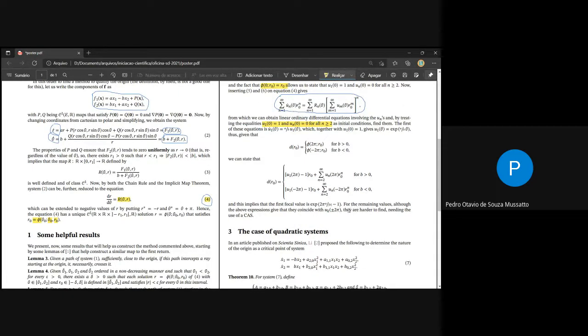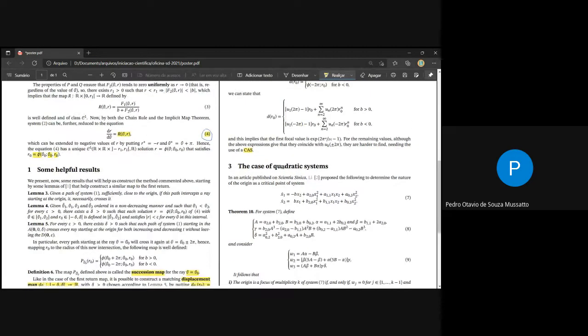Sadly, though, these are hard to find. We need a computer with purpose-built software, such as Maple or SymPy, to achieve this goal. Maple and SymPy are examples of a computer algebra system.